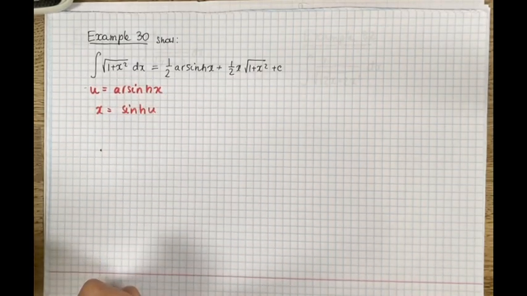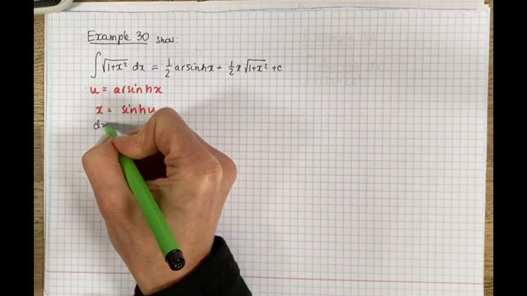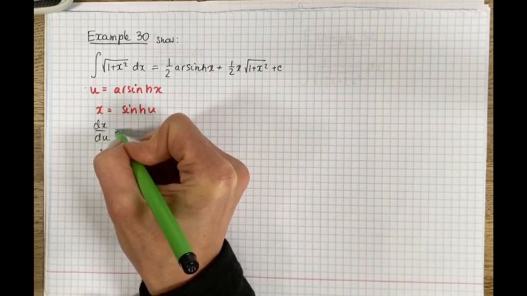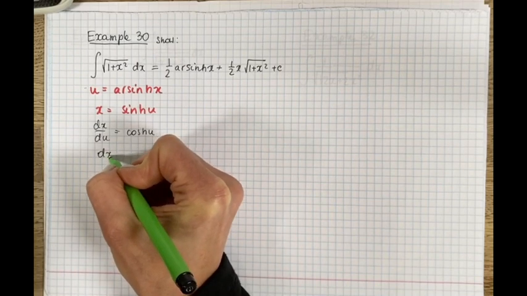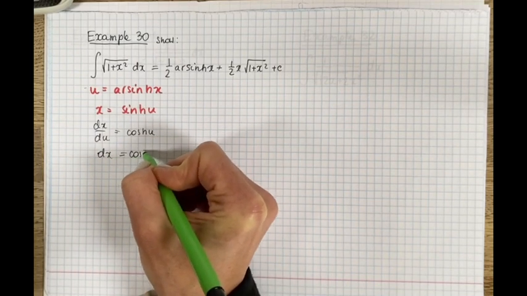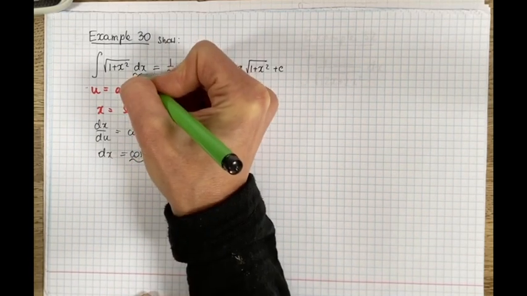That's what I'm going to try. If it doesn't work, then we need to try something else and maybe adapt. So dx/du is equal to cosh u, so dx can be replaced with cosh u du. Okay, so I've got the replacement for dx.